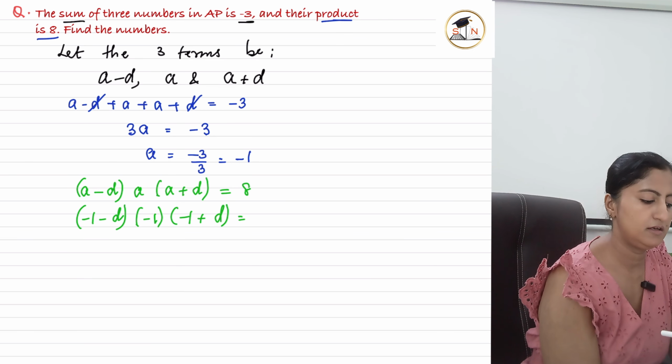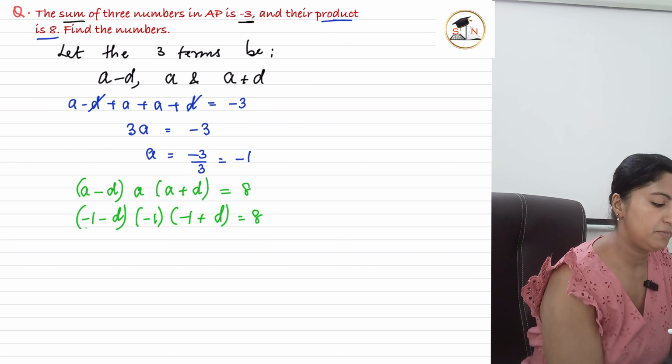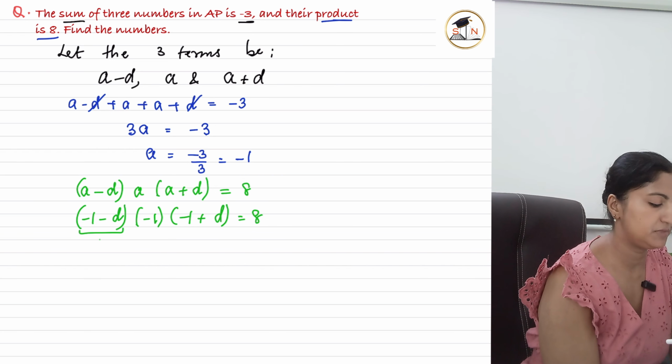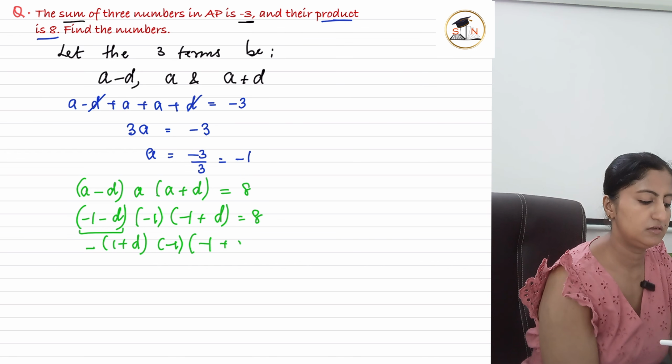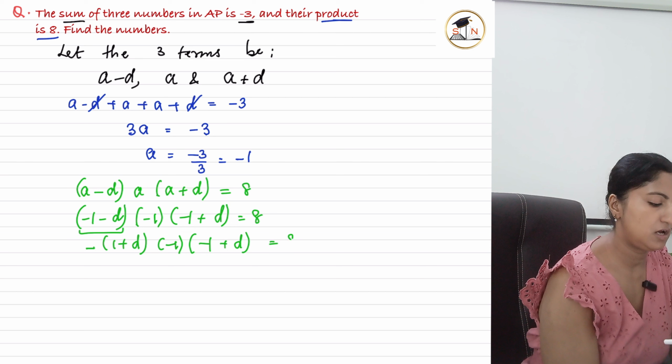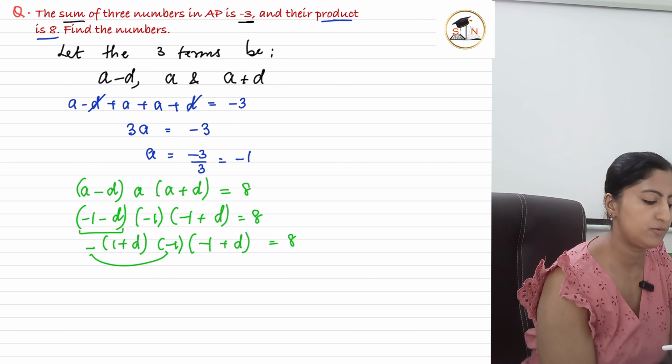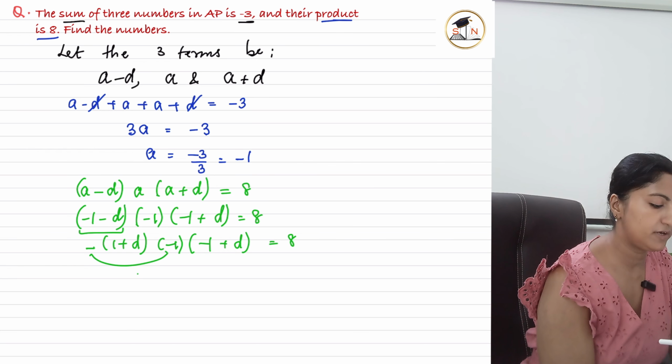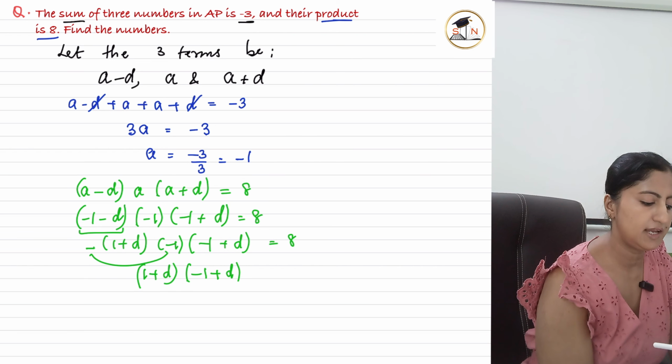And this gives me 8. Now, I will be taking out negative as a common factor from this one. That leaves me with negative 1 plus d. And we already have a negative over here. Equals 8. So now, these two negatives will multiply with each other and they will just disappear. So I am left with 1 plus d into minus 1 plus d equals 8.